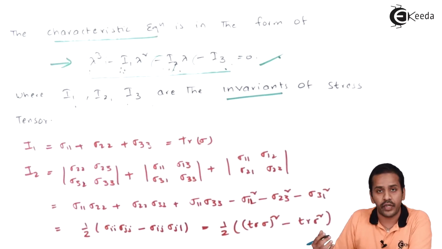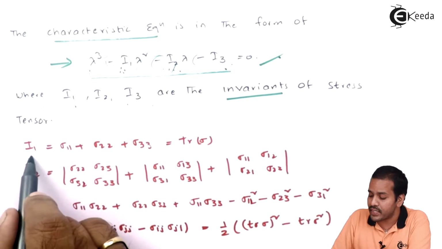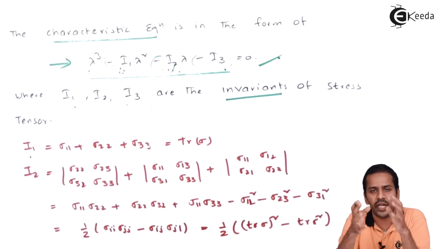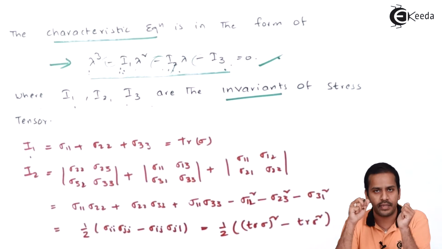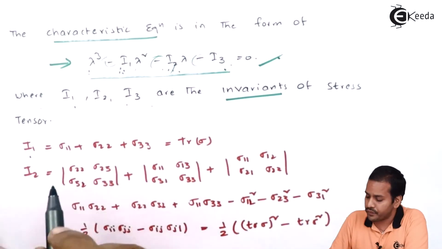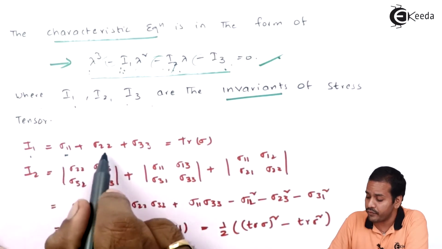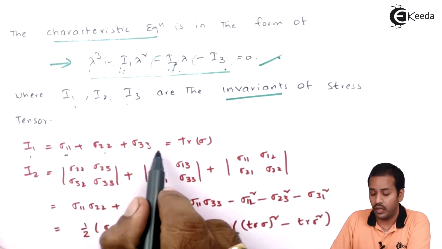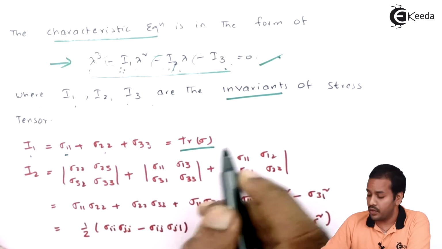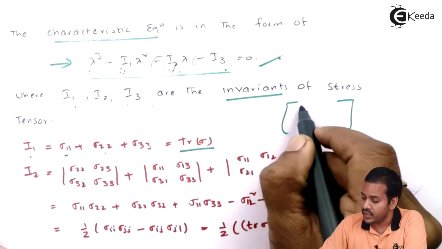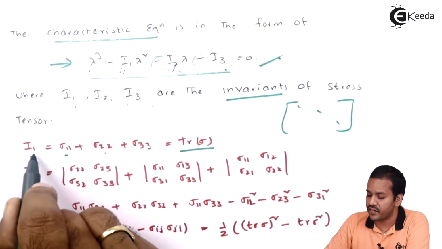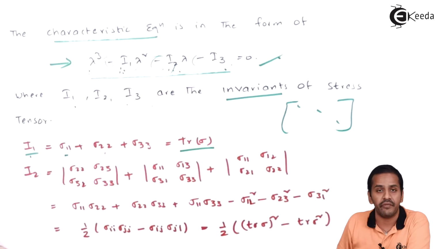So by the way, what are these invariants now? They are some combinations of the stress components. I1 is nothing but sigma 11 plus sigma 22 plus sigma 33, that is trace sigma. So if you see the stress tensor, the summation of the diagonal components will give you the trace, which is the first invariant.